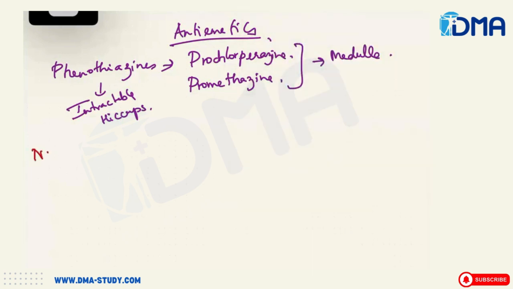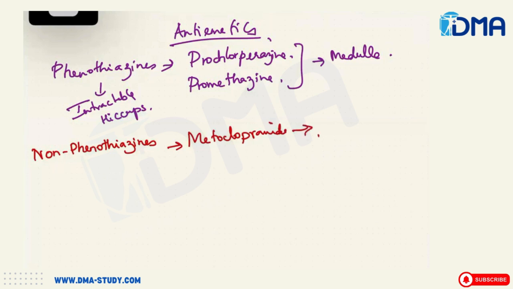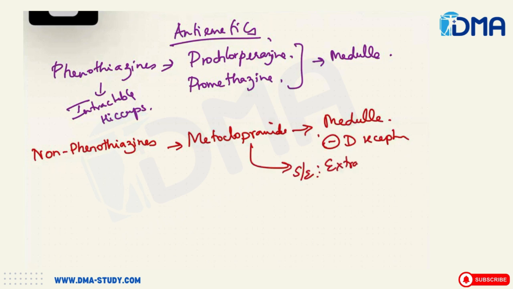Then non-phenothiazines. Example drug is metoclopramide. It reduces the response of the nerve signals at the medulla level. And it also blocks the dopamine receptors. The problem with this metoclopramide is it can cause extrapyramidal symptoms.